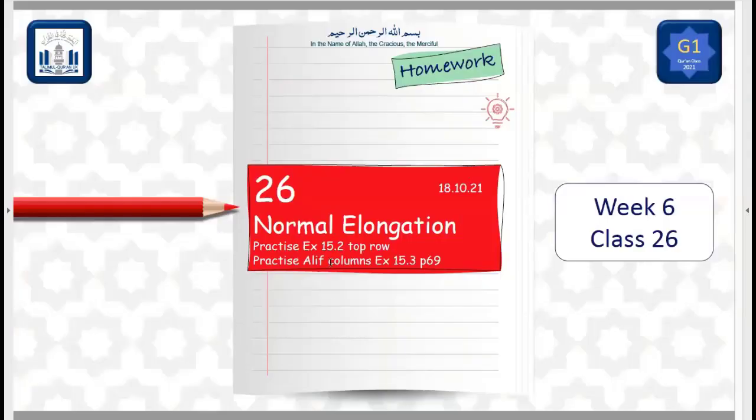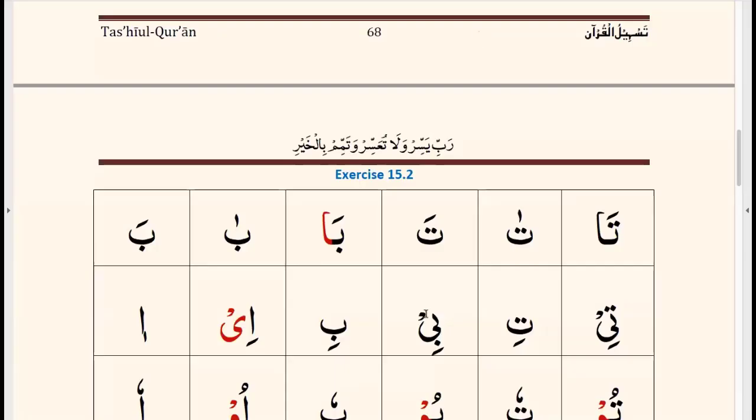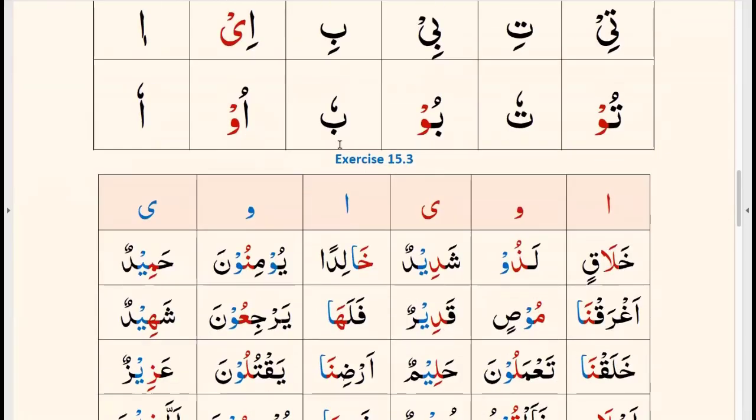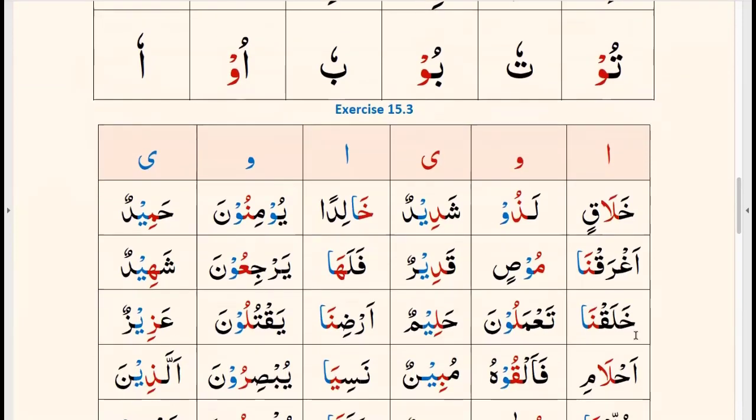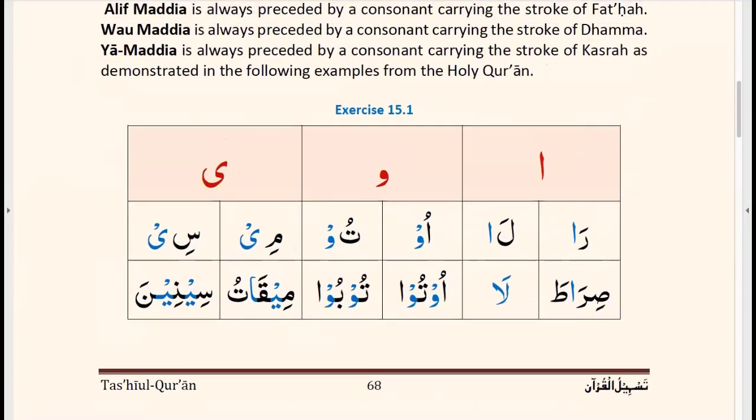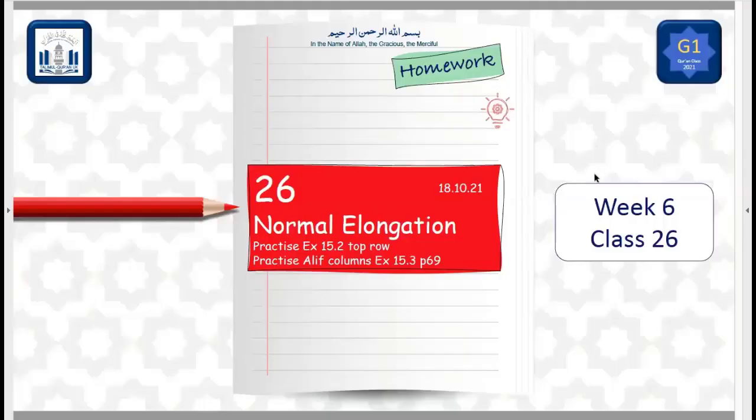And practice the Alif columns of 15.3 on page 69, which is here. The Alif columns are this column and this column, so all the words below the alifs. Make sure to practice it, and you will inshallah get very good at it.